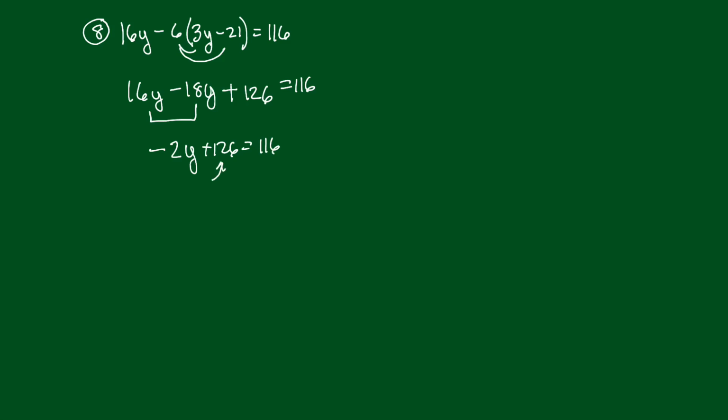Let's subtract that 126, so we'll get negative 2y equals, now 116 minus 126, negative 10, and then let's divide by negative 2. I'll get y equals, now, negative 10 divided by negative 2 is positive 5.